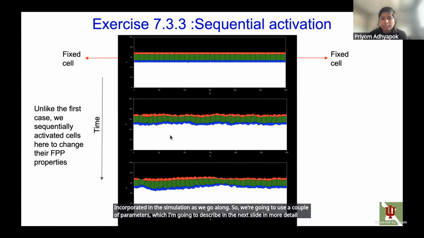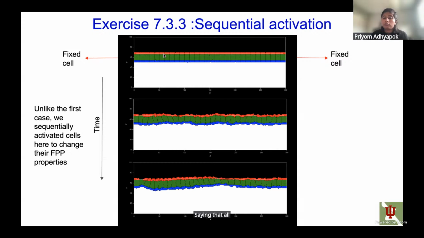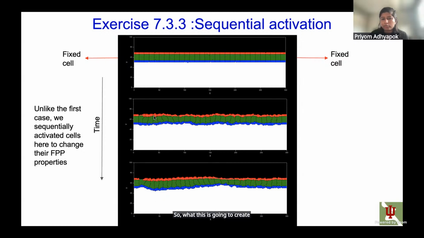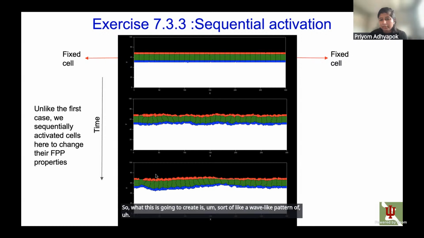But the idea is that instead of saying that all cells should respond to these focal point plasticity parameters at the same time, we're going to incorporate that one by one. So what this is going to create is a wave-like pattern of contractility, if you see in this tissue.